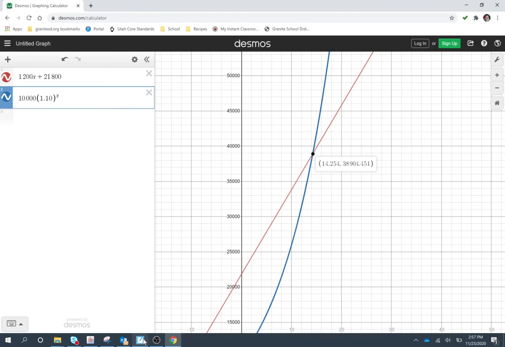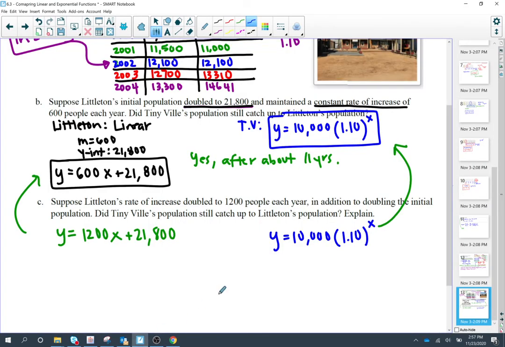The reason this is happening, the reason no matter how much we start in Littleton, no matter what the rate of change is in Littleton, Tinyville is exponential growth. So did Tinyville's population catch up? Yes. Okay, why?